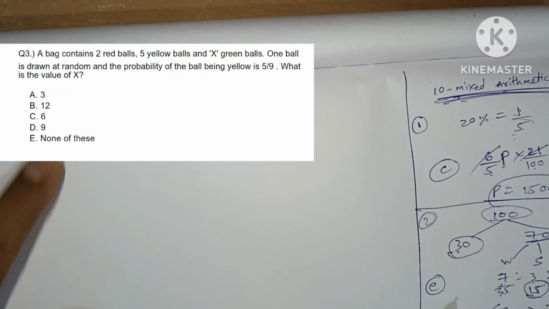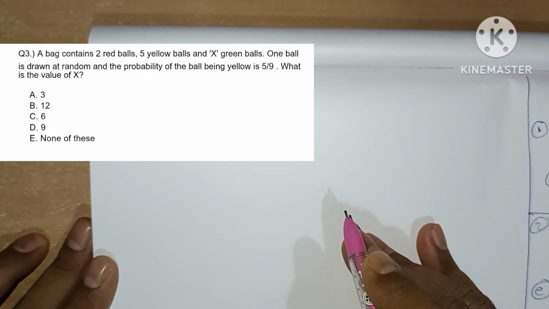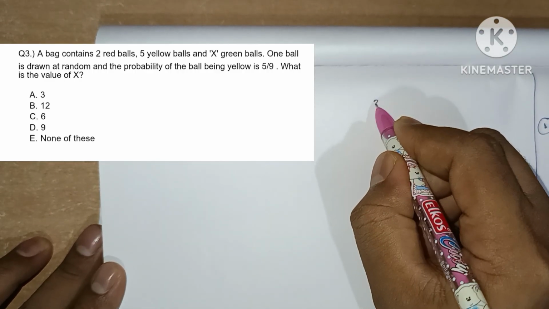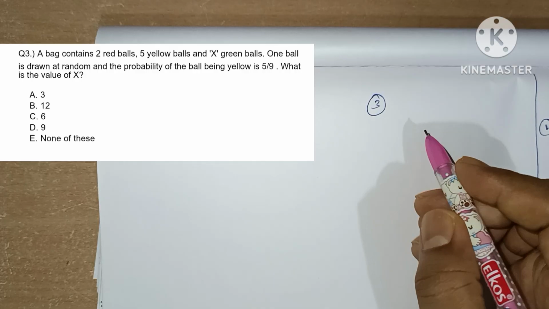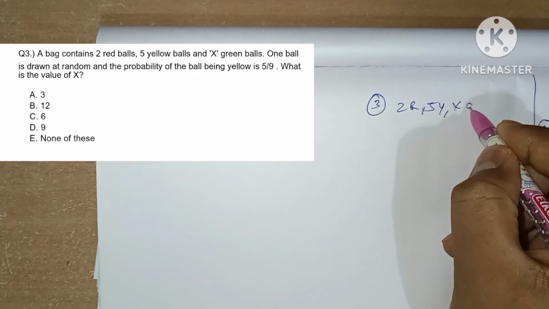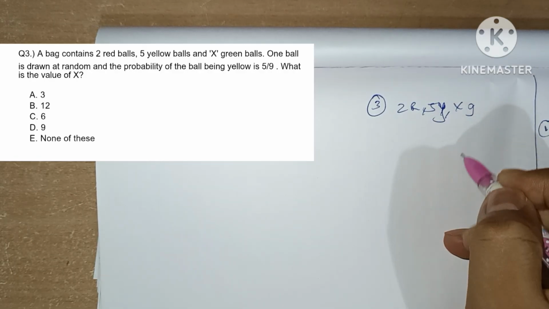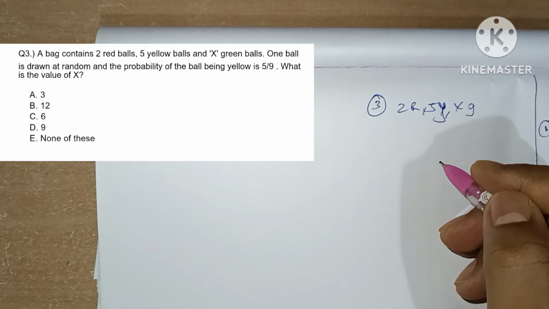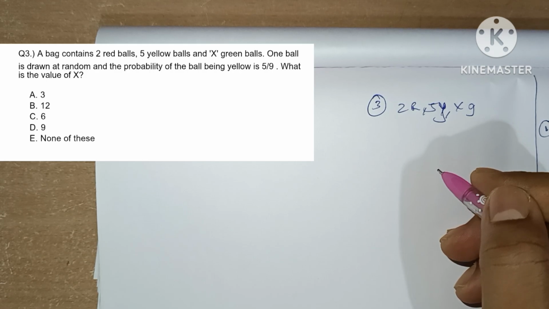Now moving to question number 3. A bag contains 2 red balls, 5 yellow balls and X green balls. One ball is drawn at random and the probability of the ball being yellow is 5 by 9.